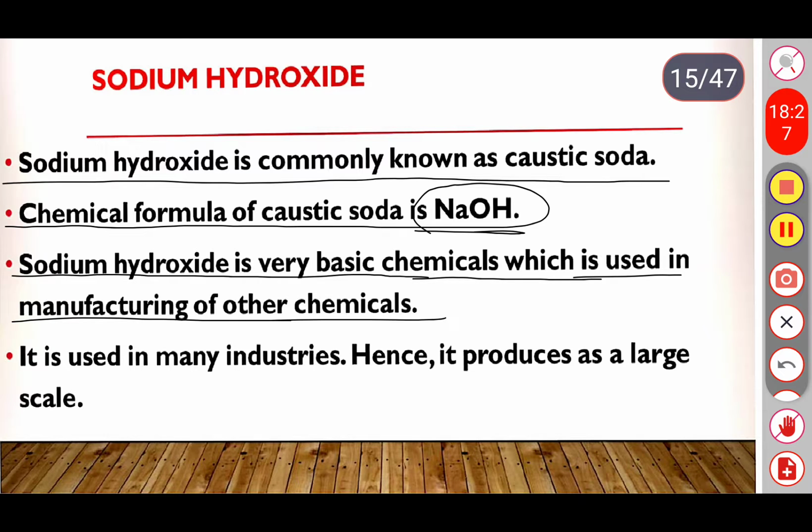With the help of sodium hydroxide we can form an infinite number of compounds. It is used in many industries, hence it is produced on a large scale. The same sodium hydroxide we are using in different kinds of industries. That's why we need to prepare sodium hydroxide on a larger scale.